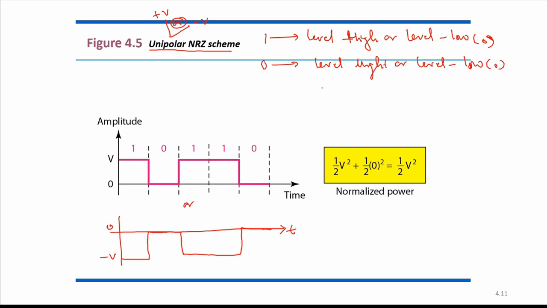So if we want to encode the digital signal 1 0 1 1 0 using unipolar, we will use either the positive side or the negative side. Suppose it is using the positive side, then 1 is encoded as high and 0 is encoded as low, where low means 0 level.